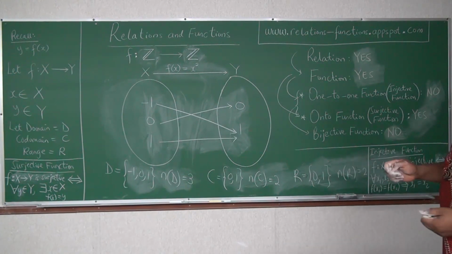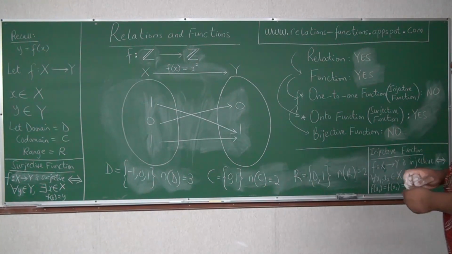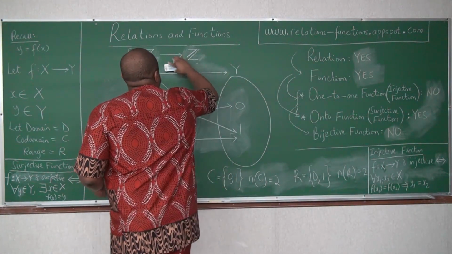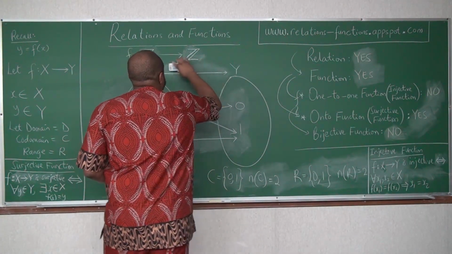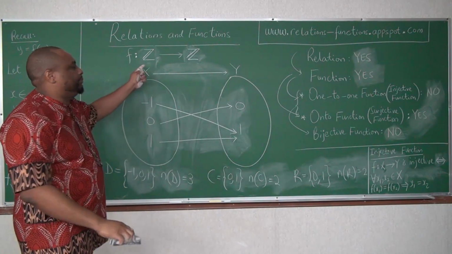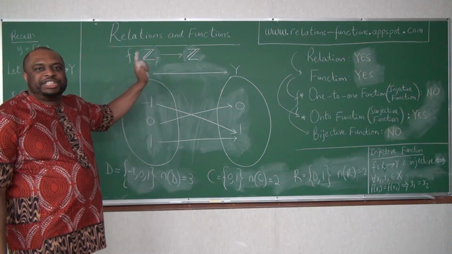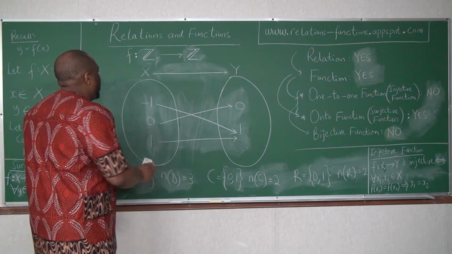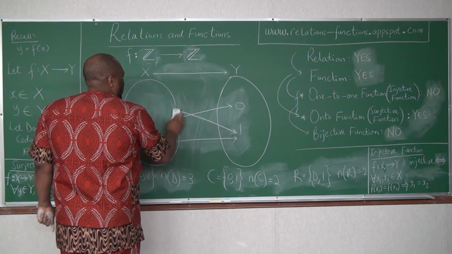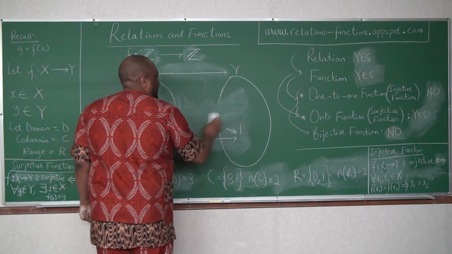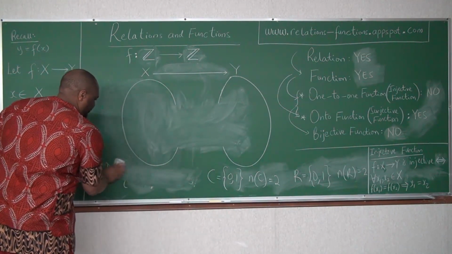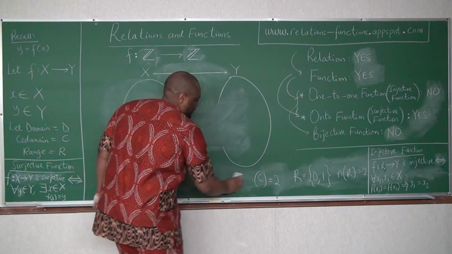All right. Now let's do the next example. Let's still have it from integers to integers. Let's look at the next example.